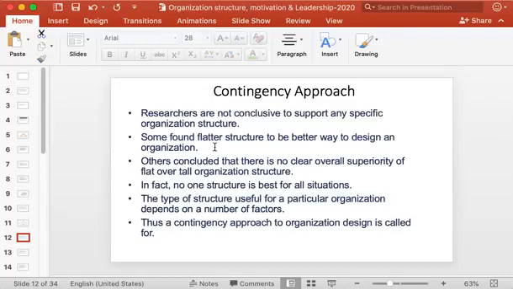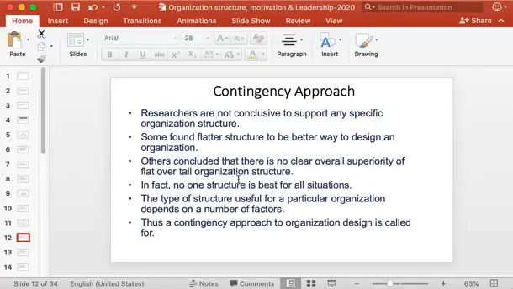Others find a tall organization better, and therefore no one structure is best for all situations. The type of organization structure useful for a particular organization depends on a number of factors, and because of that it calls for a contingency approach to organization design.